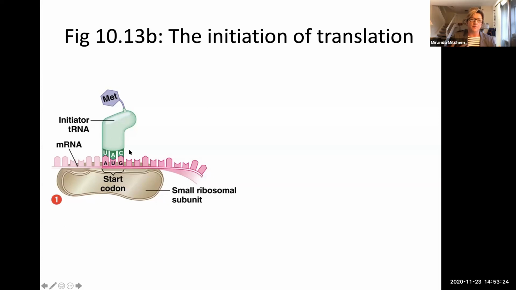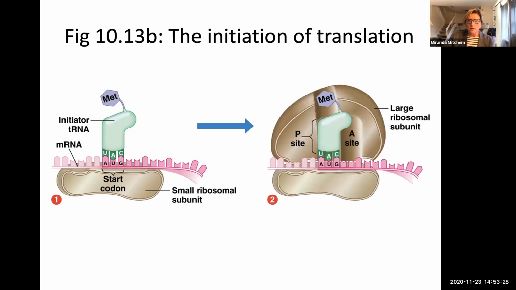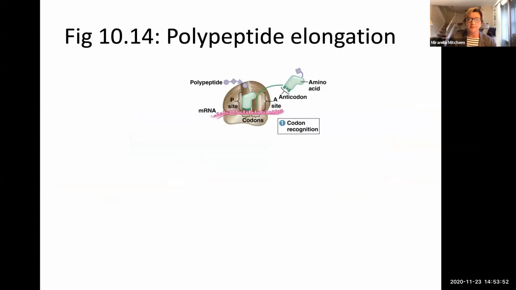And that's all because of those complementary base pairs. So now the large subunit comes in and assembles and everything's ready to go. This is all part of initiation: the ribosome assembling, getting the initiator tRNA in the site to match to the codon. And then of course we need our enzymes to come in and do the next part.